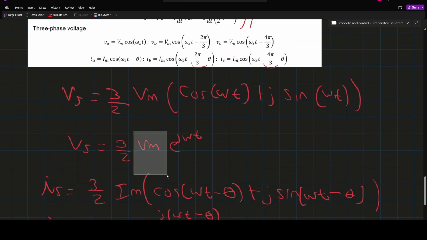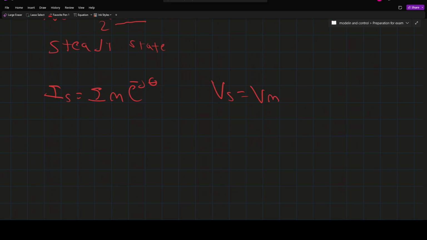If we look here, it's just Vm. So our equations are gonna be that Is equals 3/2 Is in steady state e^(j omega t), and Vs equals 3/2 Vs in steady state e^(j omega t). Okay.